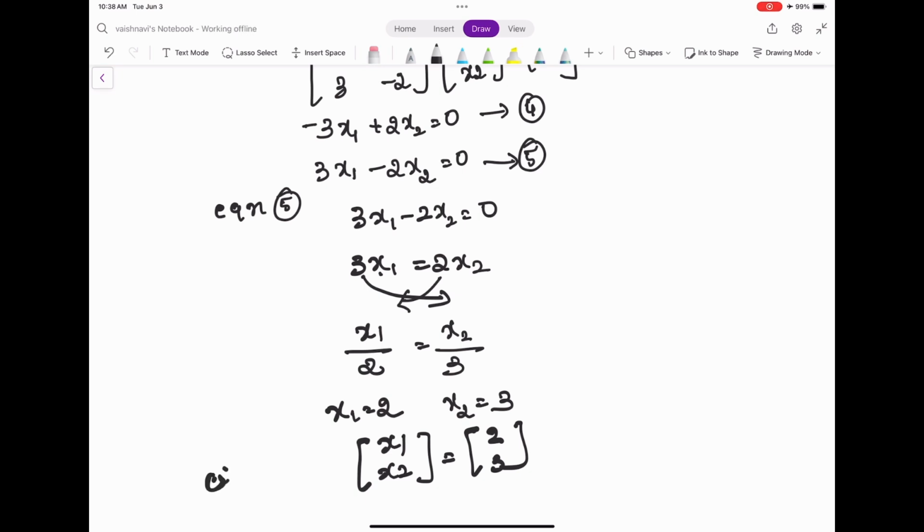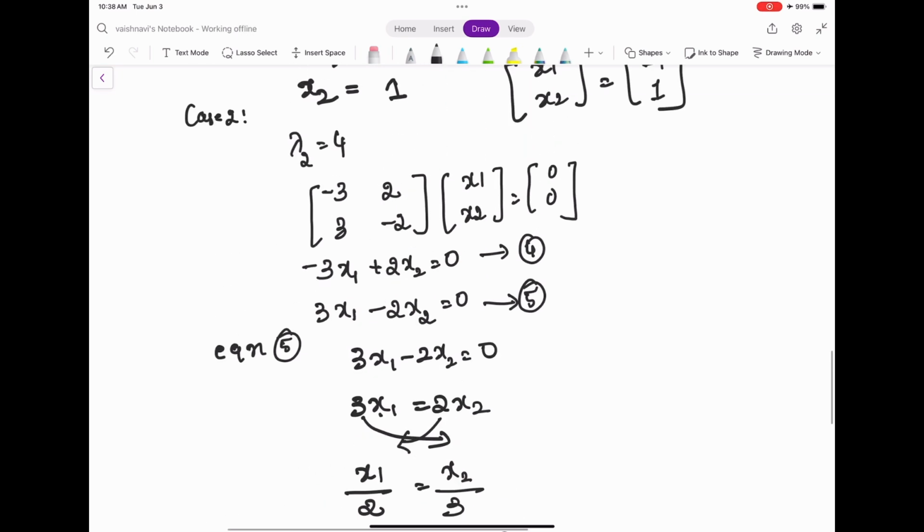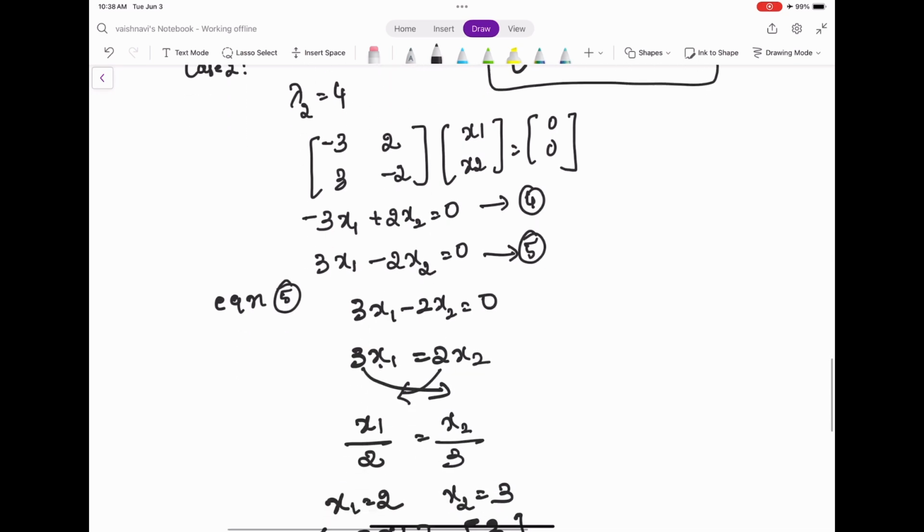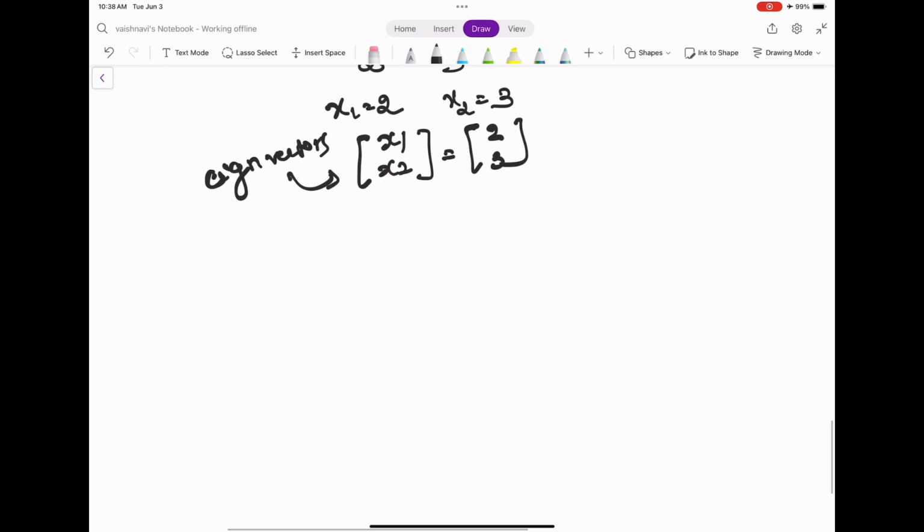Once that is done, this is our second eigenvector, and we already have our first eigenvector. So these two are handy, right? We have the two eigenvectors for the eigenvalues. Now we have to construct a modal matrix, that is P. How are we going to construct the modal matrix P?